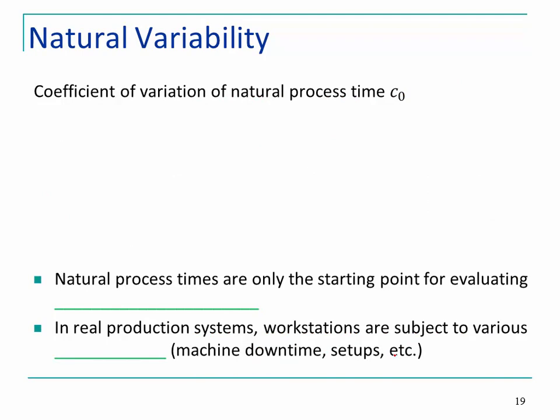Okay, so now we can define the coefficient of variation of a natural process time, and that's going to be C0. Again, we're going to use the same three inputs.